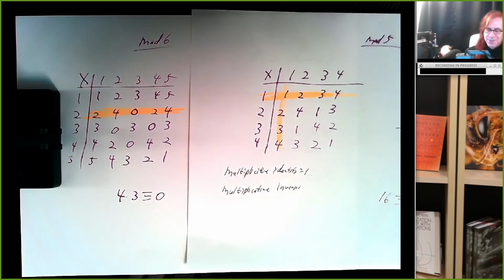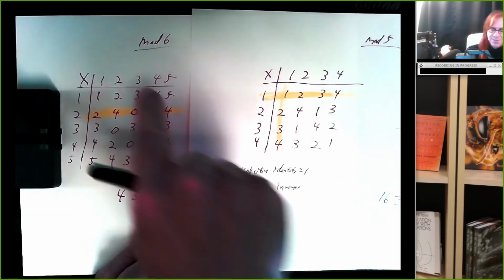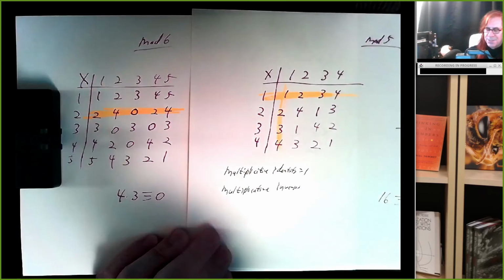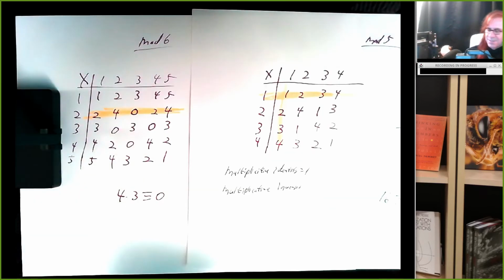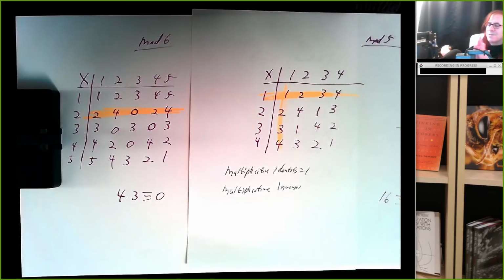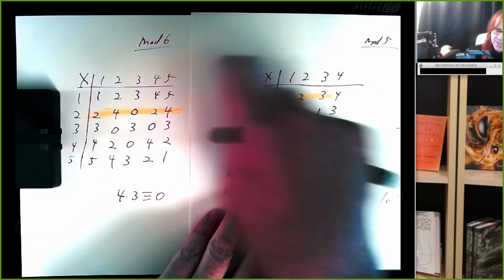So when are we going to get this situation versus that situation? What is it about 5 and 6 that foretells this difference in what our multiplication table looks like? Any guesses? Prime numbers. So it's not just even and odd, it's the fact that 5 is prime and 6 is not.